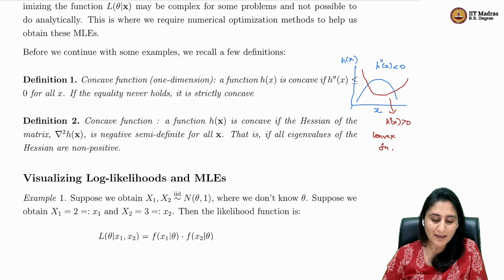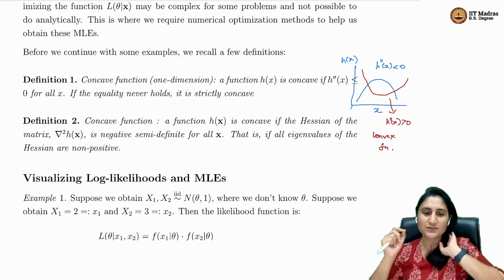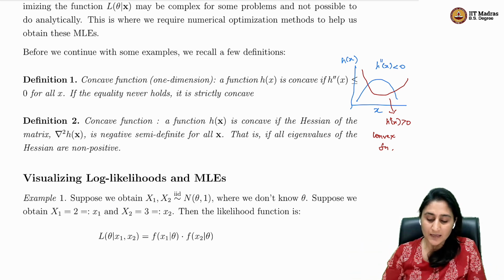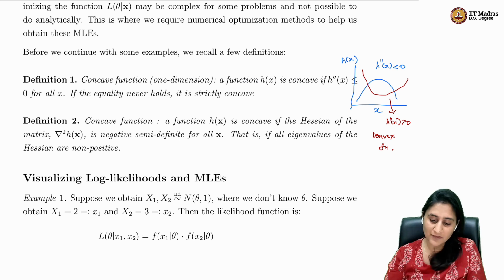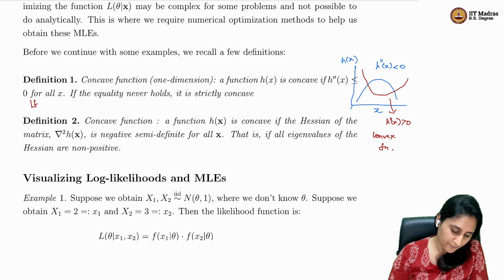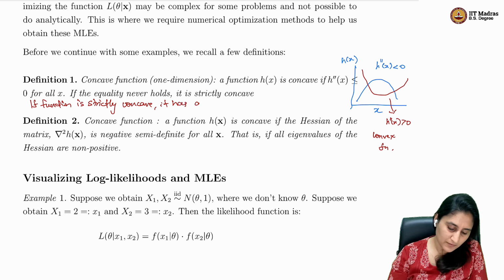Naturally, if we want to maximize an objective function, we would like it to be concave so that there is one unique maxima. If a function is strictly concave or concave everywhere, then it has only one maxima. Let me write that down: if a function is strictly concave, it has a unique maxima.